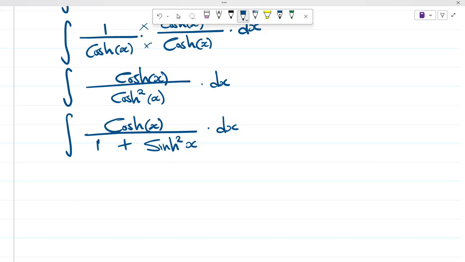So when we analyze this, we check. From your formulas of hyperbolic functions, whenever we differentiate, there is no way something was differentiated for us to get this fraction.